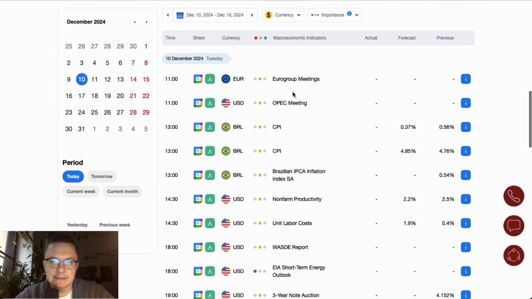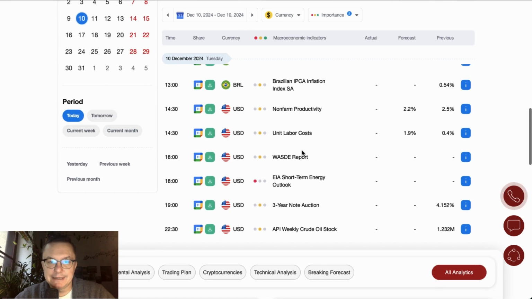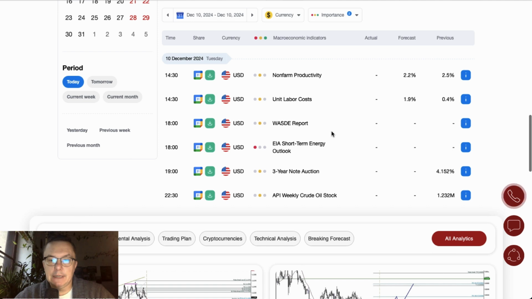Eurogroup meeting will start at 11 o'clock and OPEC meeting will start at the same time. Then we are entering the US session. Non-farm productivity and unit labor costs from the US are scheduled for release at 2:30.